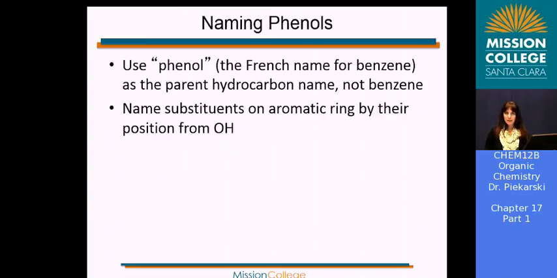And remember that when we have a phenol and the highest priority group is the alcohol, we use that for the parent hydrocarbon name, not benzene. You have to use the common name. That's what's been accepted by IUPAC because it's been historically used for so many years, even before IUPAC came into place. Okay? And remember to name the substituents on the aromatic ring by their position from the OH.